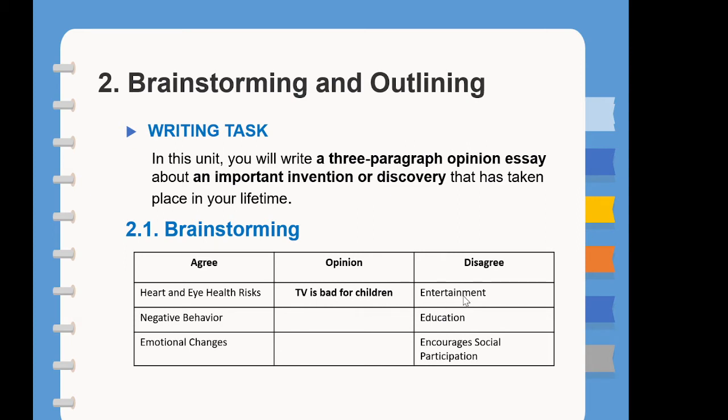So what are the ideas? Entertainment. TV can be entertainment for children. TV can be good for education, and also TV can encourage social participation. We still have some more, so brainstorm ideas as many as possible. But you have to do both columns, agree and disagree, and then you can decide whether you totally disagree or agree with the topic.